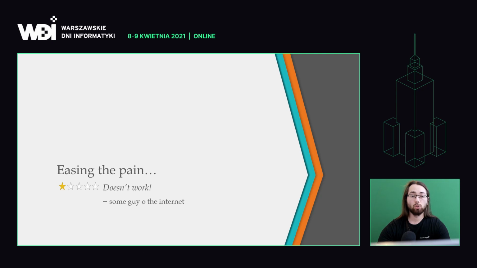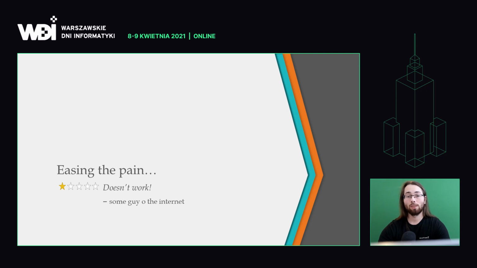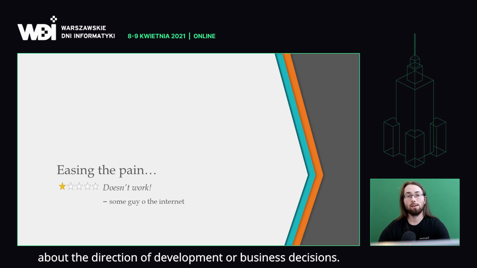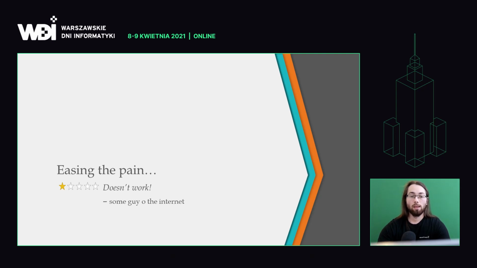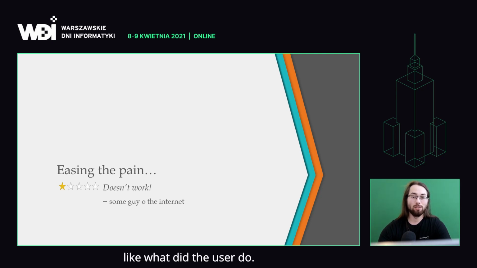Okay, so all of this logging infrastructure is supposed to make it easier for you to find errors and also make decisions about the direction of development or business decisions. Here on the slide, you can see a potential source of frustration, a 1-star review with not much explanation about why something didn't work. Like, what did the user do?